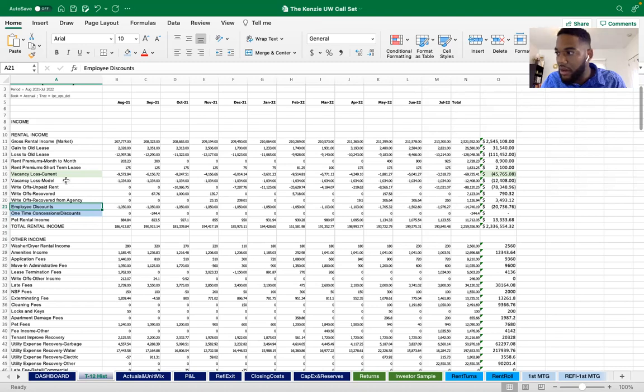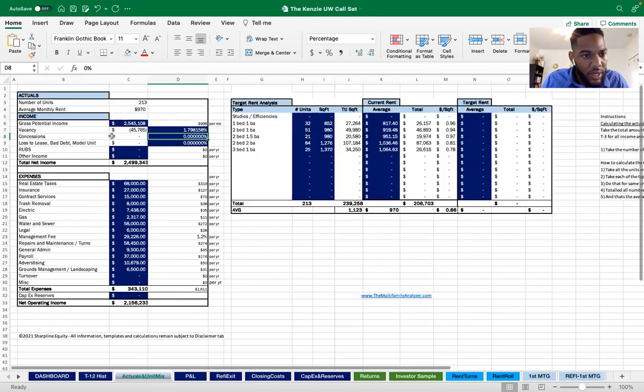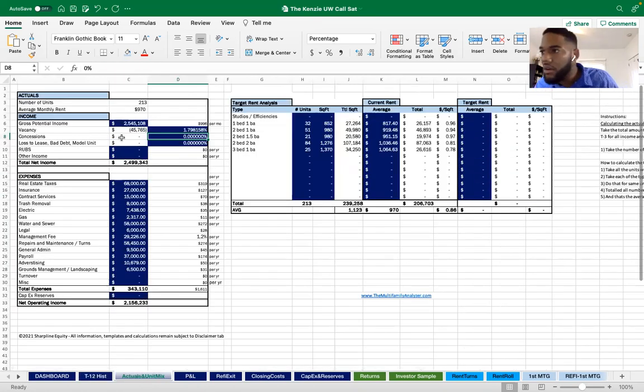And then also, I think in this case line 17 would be considered a concession. Let me just double check. Concession.